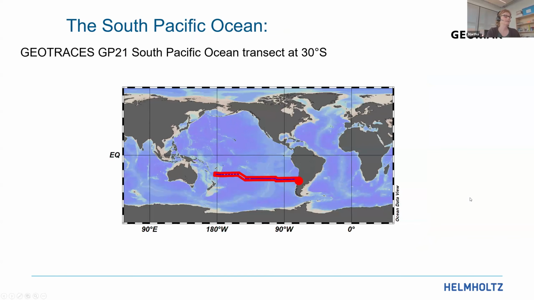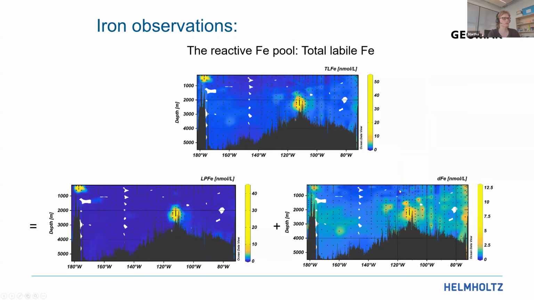And then we need a study site, and our study site was the South Pacific Ocean GEOTRACES cruise, which took place across roughly 30 south a couple of years ago, along this transect. And because it was a GEOTRACES cruise, we determined concentrations of iron on the cruise.